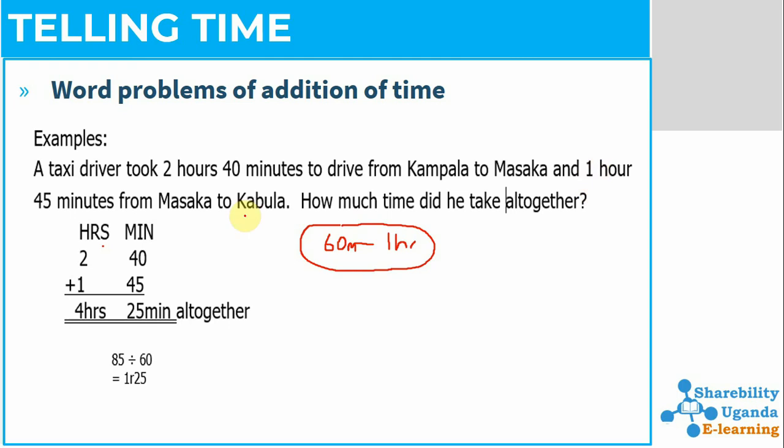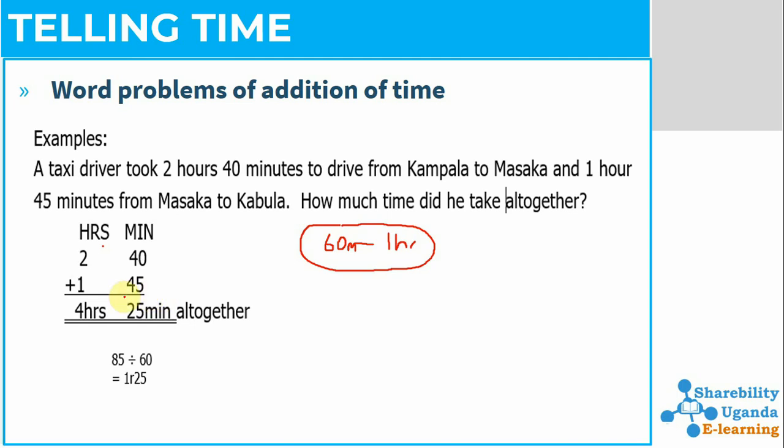We have 1 hour here, we have 2 hours here. Then the minutes also to the corresponding minutes. So we have 2 hours and 40 minutes, then 1 hour and 45 minutes.